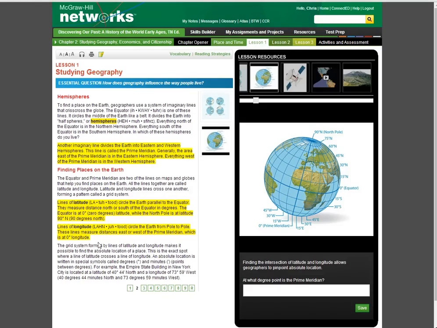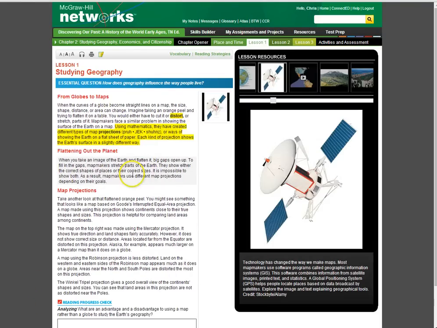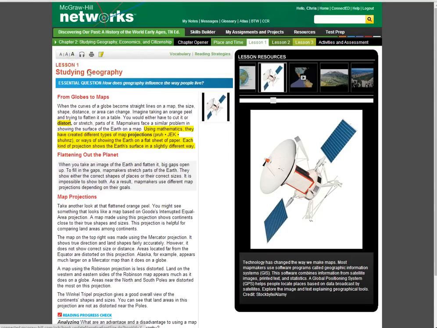But latitude circles the Earth parallel to the equator. Lines of latitude measure distance north or south of the equator. Longitude measures distances that run east or west of the prime meridian. And I've highlighted here in our text the term projections.